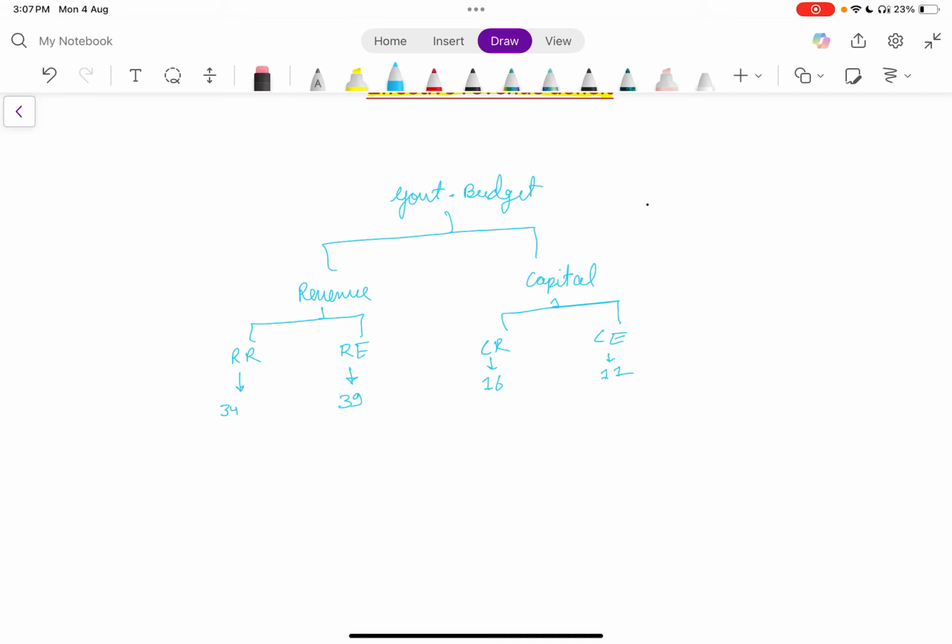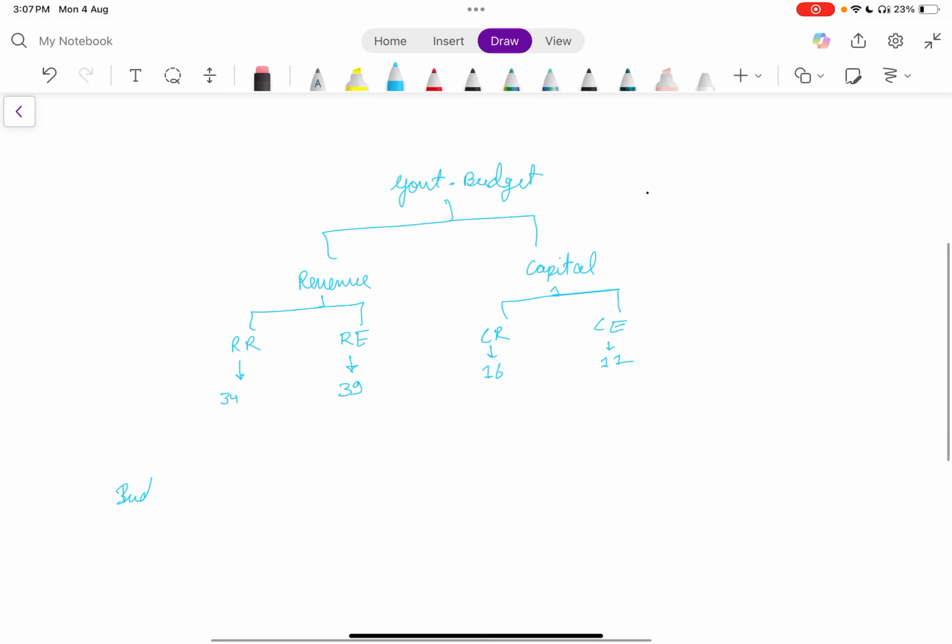So if we want to count what is the budget deficit, then we will simply see the total income minus the total expenditure.